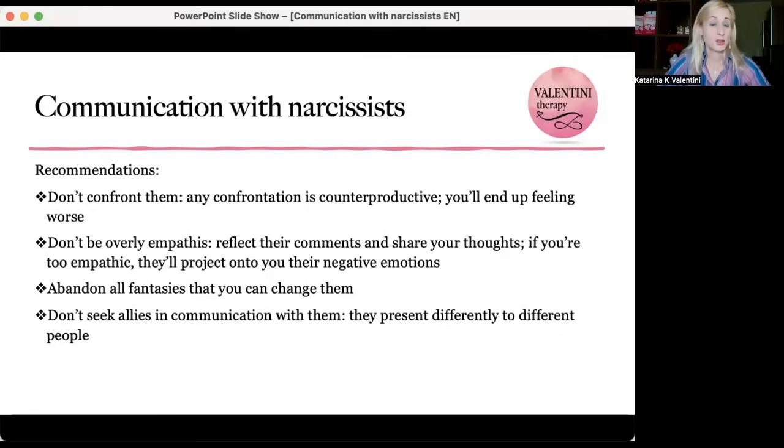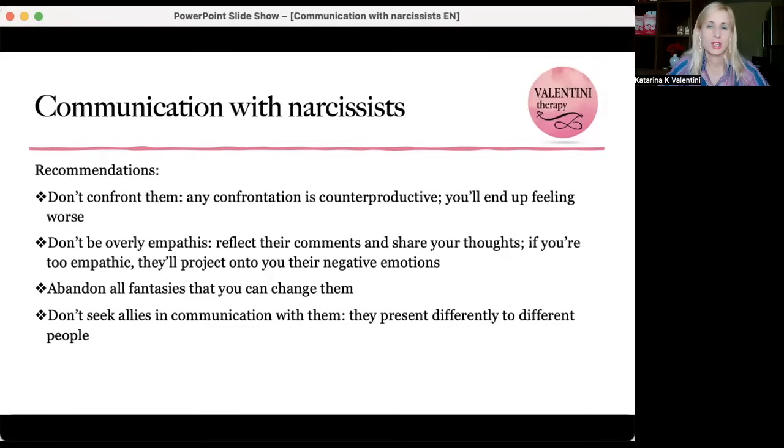Abandon all fantasies that you can change them, but not only narcissists, but anyone. You cannot change anyone. I know that women like to think that partners will change because of them, or that they will change their partners in one way or another. You cannot change another person.